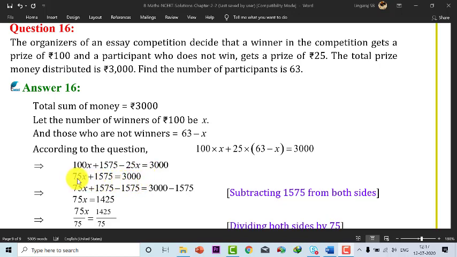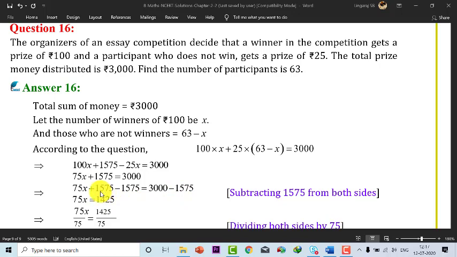So here we need the x value. To find the x value, first we will remove this 1575 without changing the values. So subtracting 1575 from both sides, it becomes 75x plus 1575 minus 1575 is equal to 3000 minus 1575.